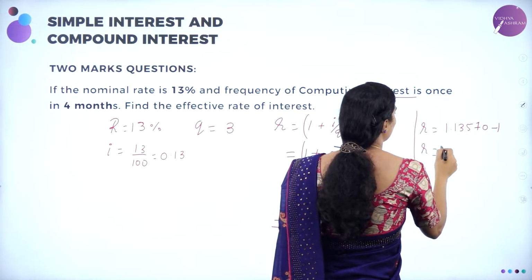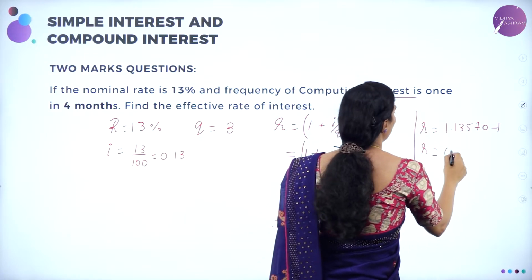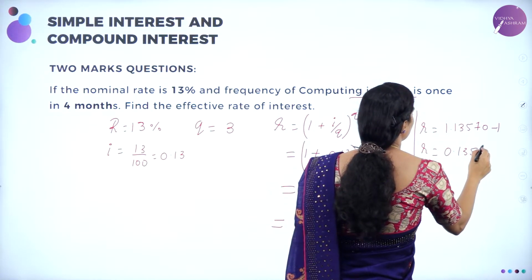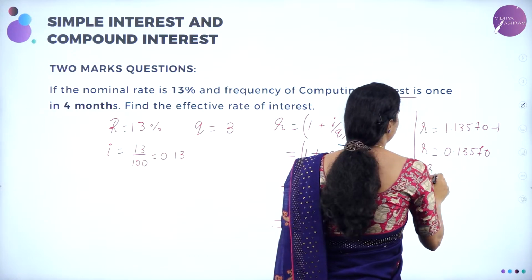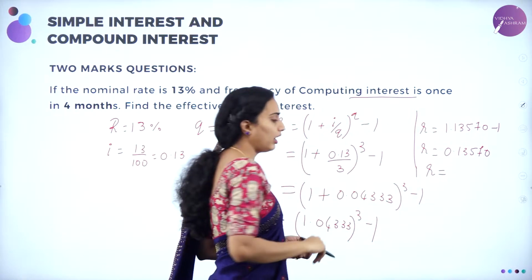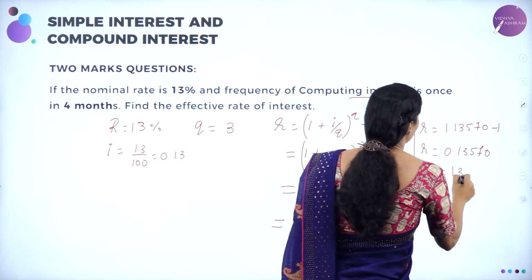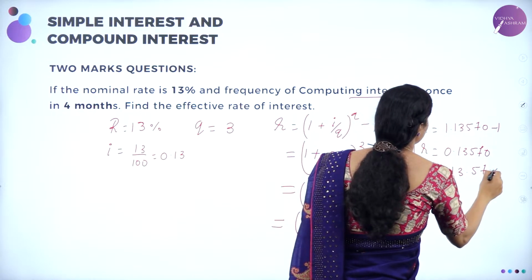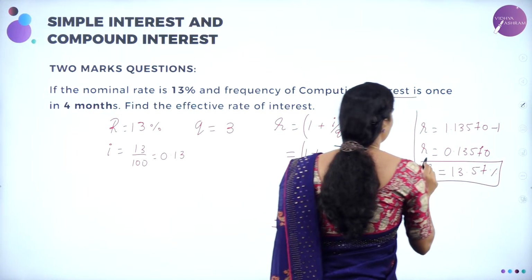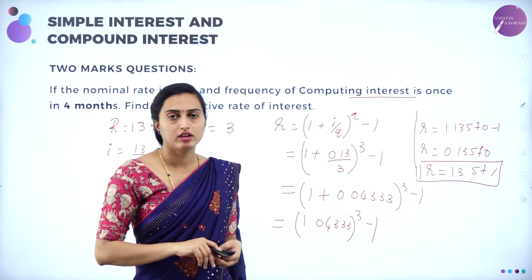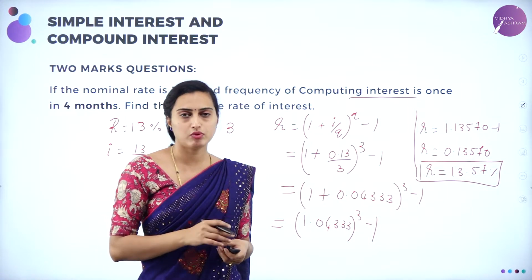So R is equal to 0.13570, which is nothing but 13.57%. That is your answer. Okay, I hope you understood this problem.